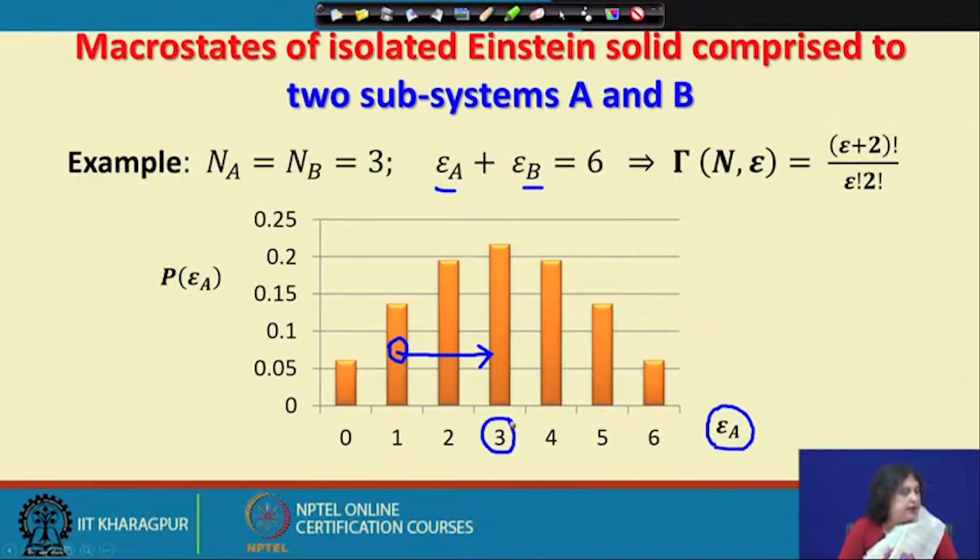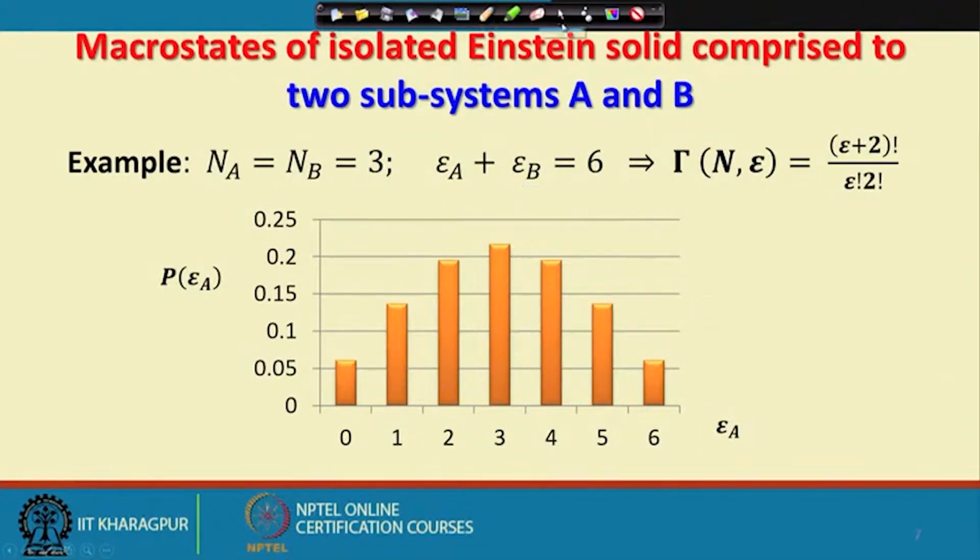Now, interestingly, what we find is that it is this condition where the distribution of P of epsilon A is associated with the maximum number of microscopic states, or this is the most probable macro state of this composite Einstein solid.